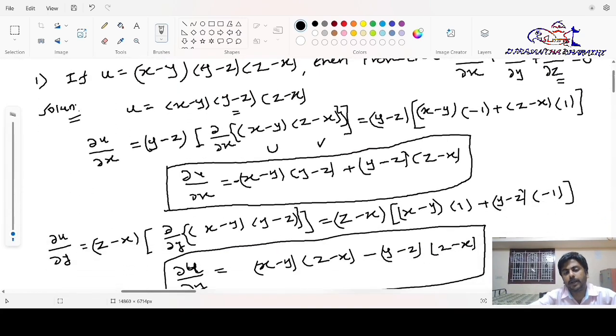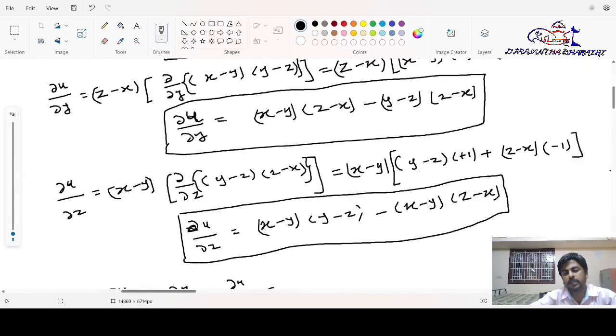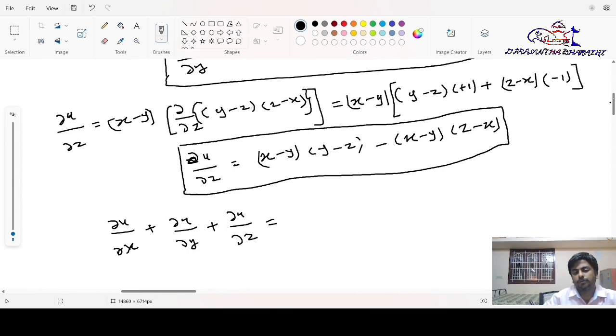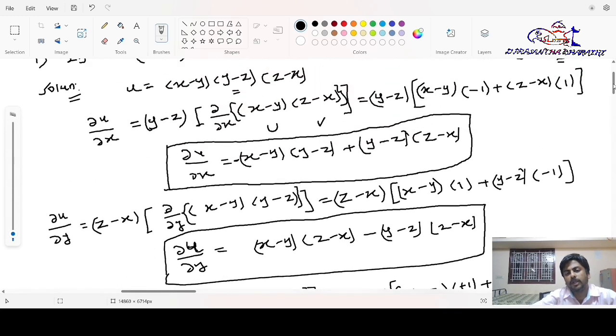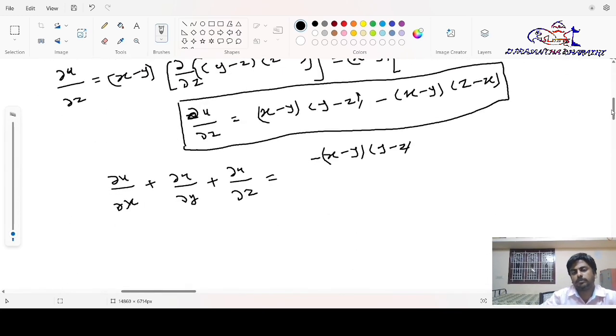Minus of x minus y into y minus z, then y minus z into z minus x plus y minus z into z minus x.